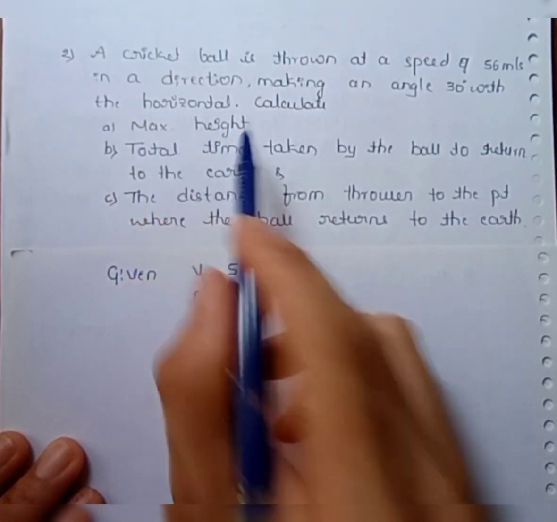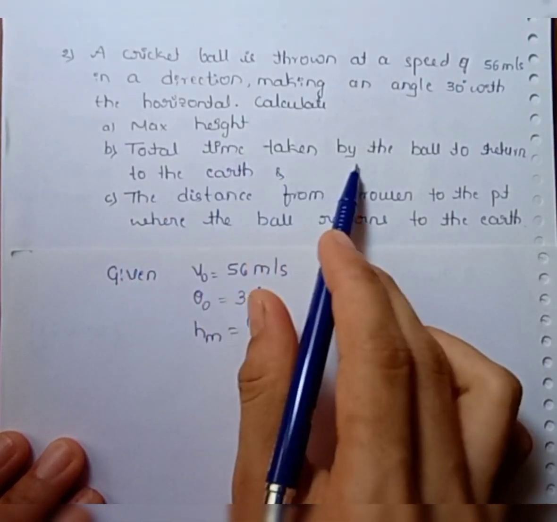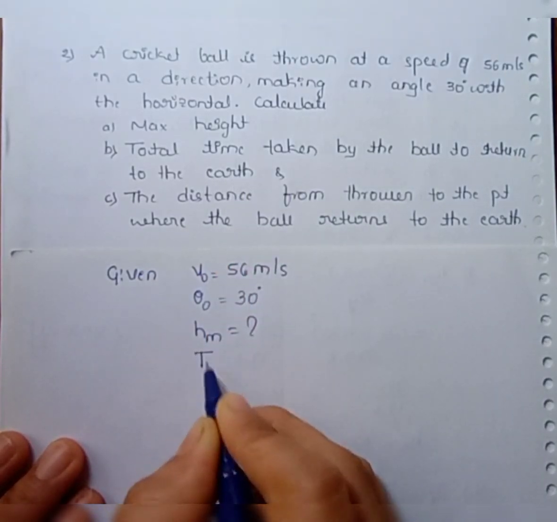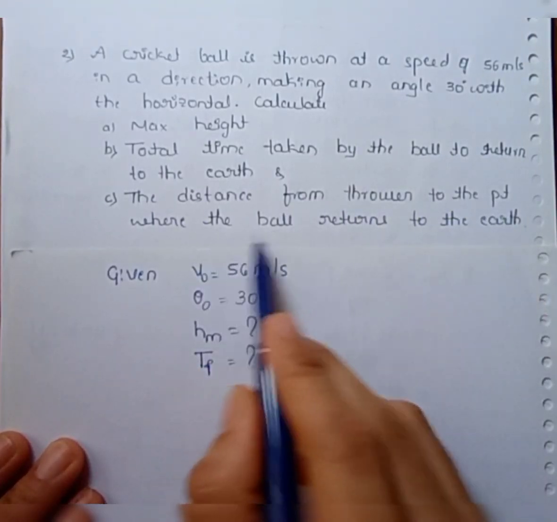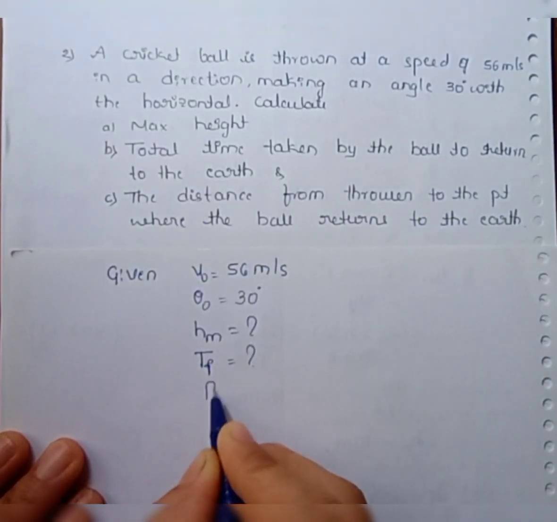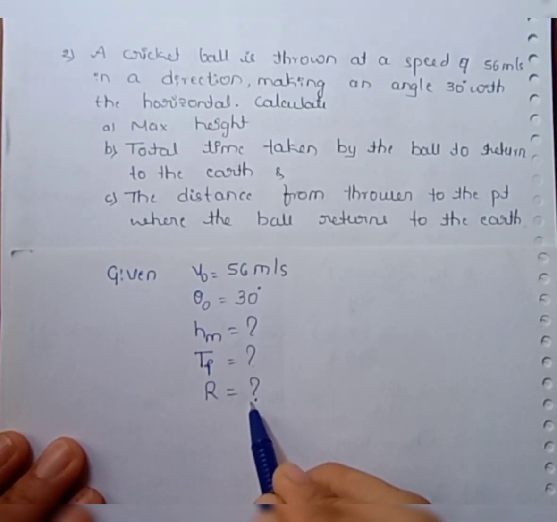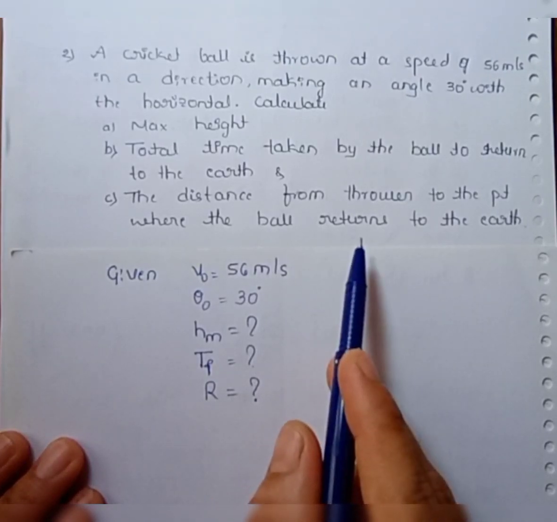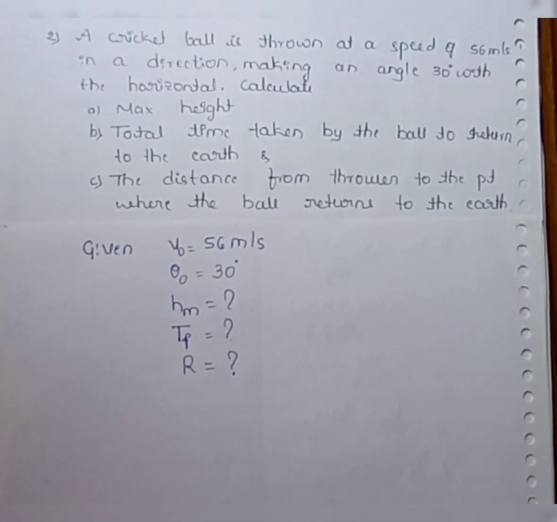Calculate the maximum height, total time taken by the ball to return to the same level or earth, that one is TF, and the distance from the thrower to the point where the ball returns to the earth, that one is range R. This one we have to find out. Try to solve that problem and send me the answer in a comment box. This problem is similar to the first problem which I have solved.